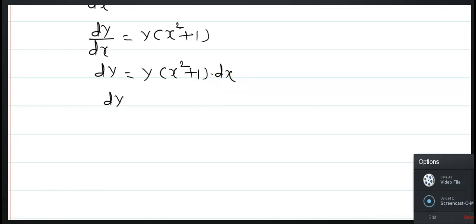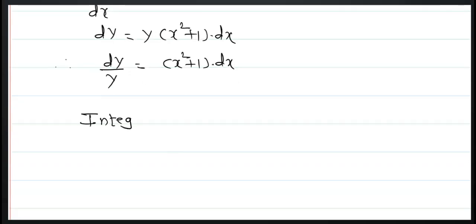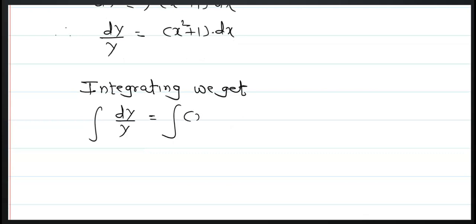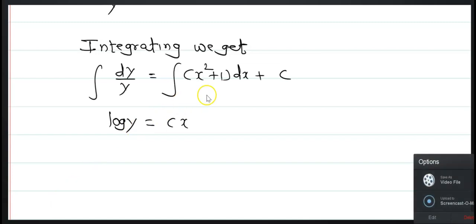Separate the variables: dy upon y is equal to (x square plus 1) dx. Integrate on both sides: integral dy upon y is equal to integral (x square plus 1) dx plus c.